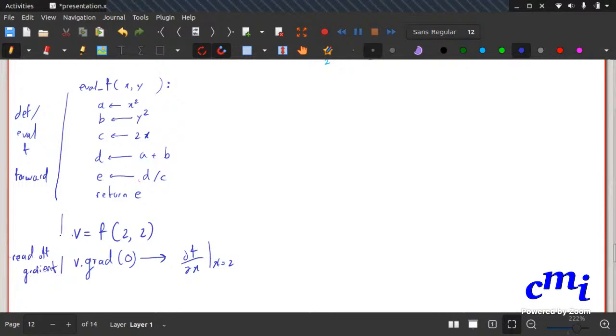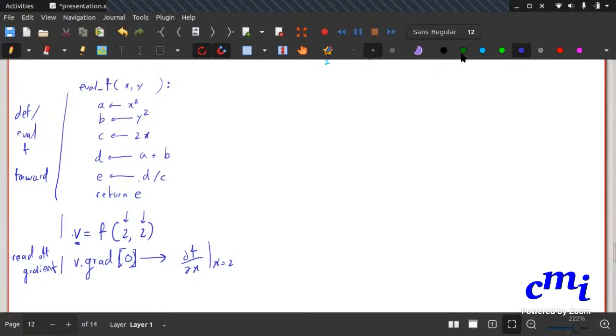This is because this value v contains the gradient information. The value v is coming because we're evaluating the function f at 2. So when we do v dot grad, the gradient that we get is with respect to the value that we computed f at. I'll make this clear in a little bit when you see what happens in the backend.